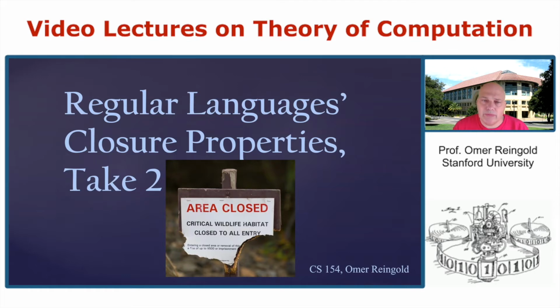recognize are the same. We did it through this subset construction that turned an NFA to a DFA that is equivalent. We didn't prove that they are equivalent, that they recognize the same language, but the proof is pretty easy.